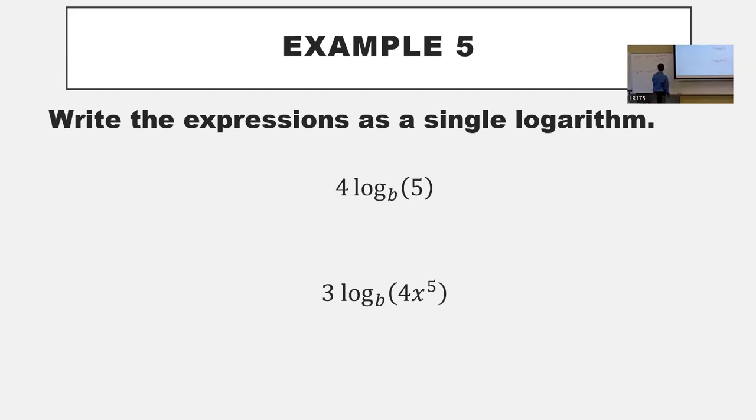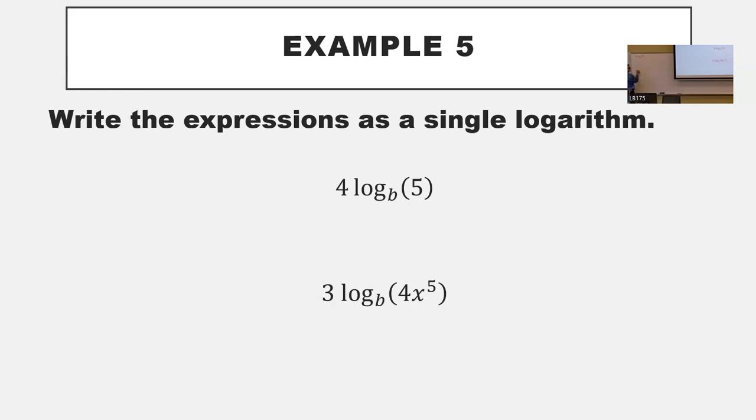Now, the product rule and the quotient rule are not the only two rules we saw. We can also utilize the power rule in reverse. Here we have 4 times log base b of 5, and we want to rewrite that as log base b of some number.